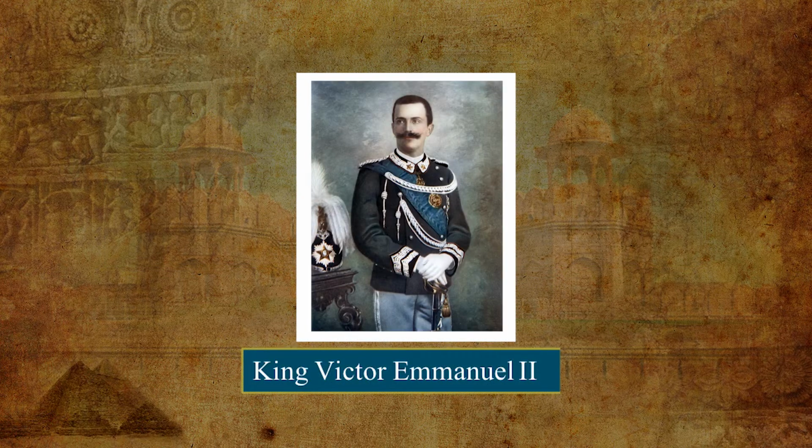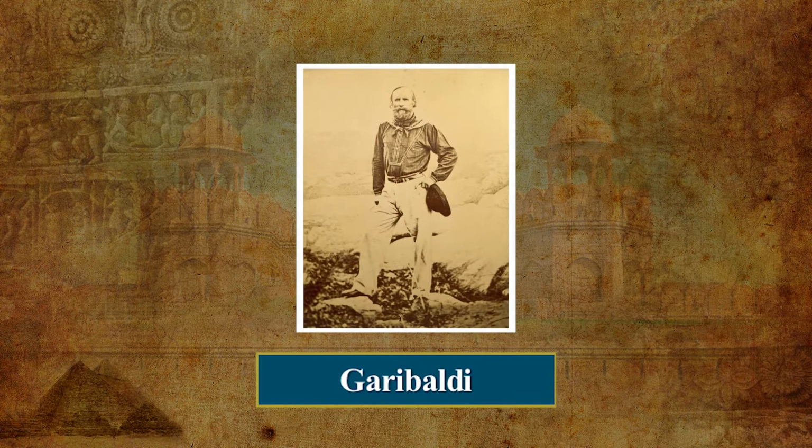So, with the leadership of King Victor Emmanuel II and Chief Minister Cavour, the process of unification was moving ahead with great spirit. Then we also see that Garibaldi, one of the retired army personnel, joined voluntarily with the process. A person with the heart wanted Italians to become a part.